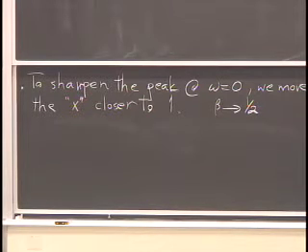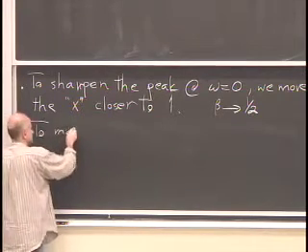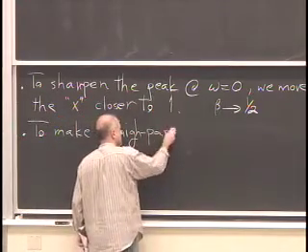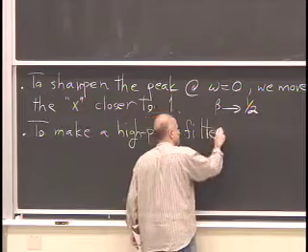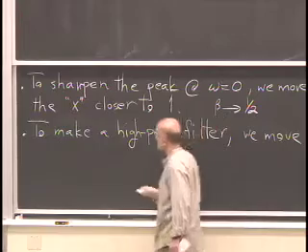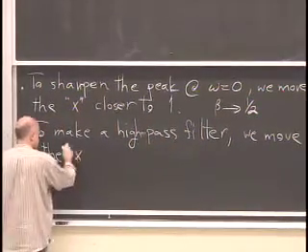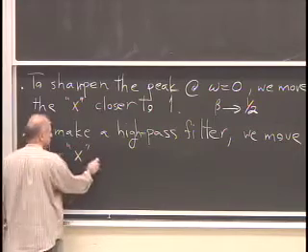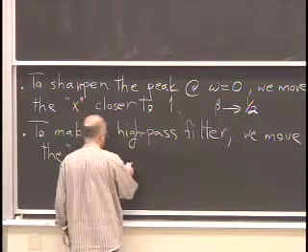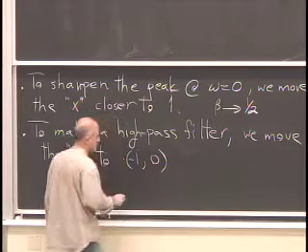Now, the other question that I started the lecture with is to make a high-pass filter out of this. We move the x to where? To negative values, to -1 and 0.